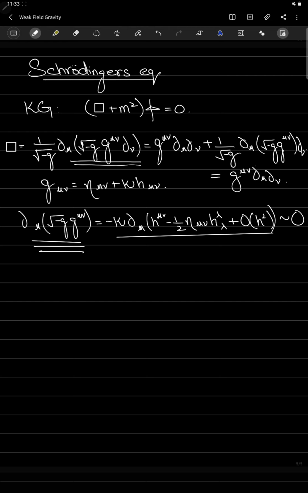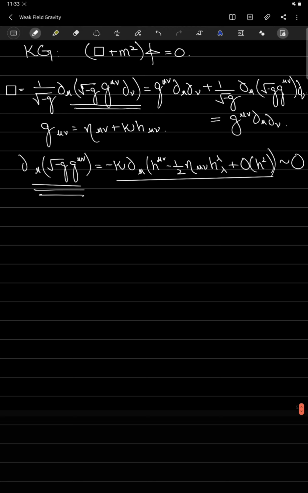Now from this point I'll use the metric for a static external gravitational field, in which our Schrödinger equation is defined, by the way. What is that?